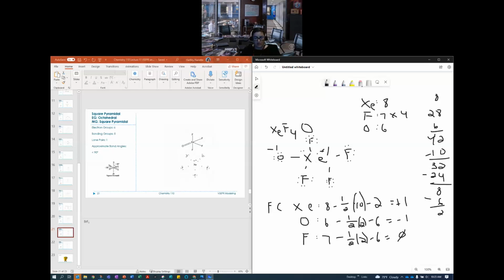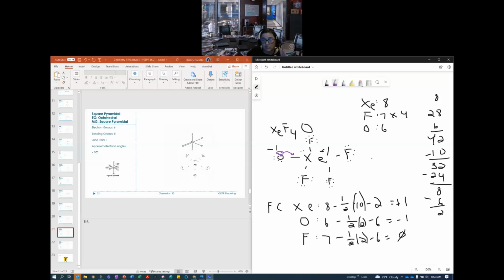So that means that I still have formal charge. That's not a great situation, right? We don't really want that. So how can I deal with that? Because oxygen has a negative 1 charge and the Xe has a plus 1 charge, I'm going to take one of these pairs of electrons from the oxygen and pull them in here.